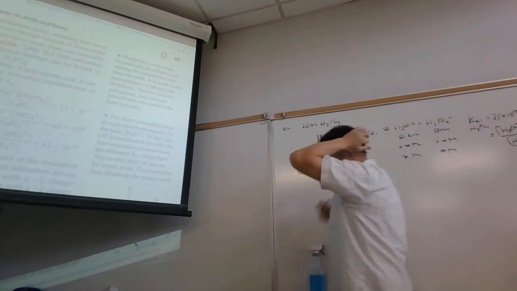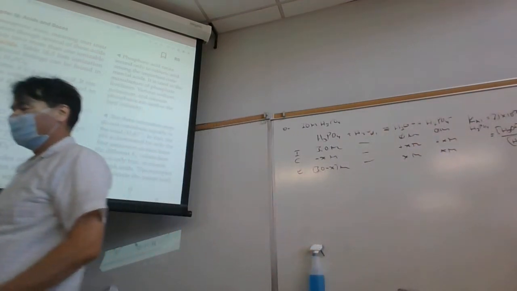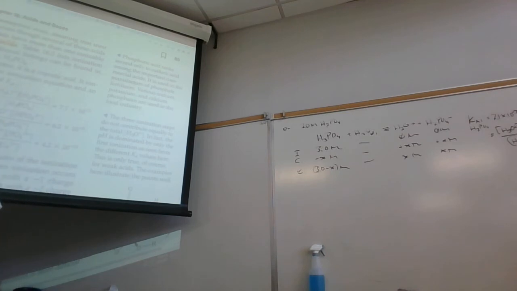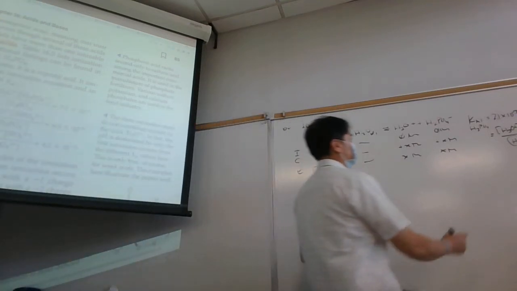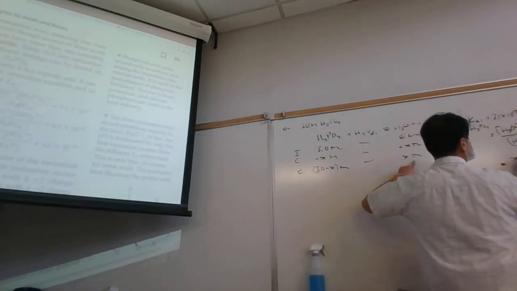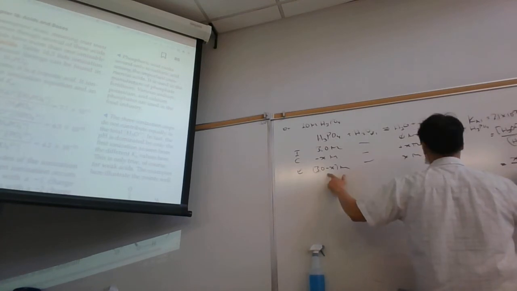Water has an activity of 1, so we exclude it. Okay, then plug it in. We're going to get X squared divided by 3.0 minus X.